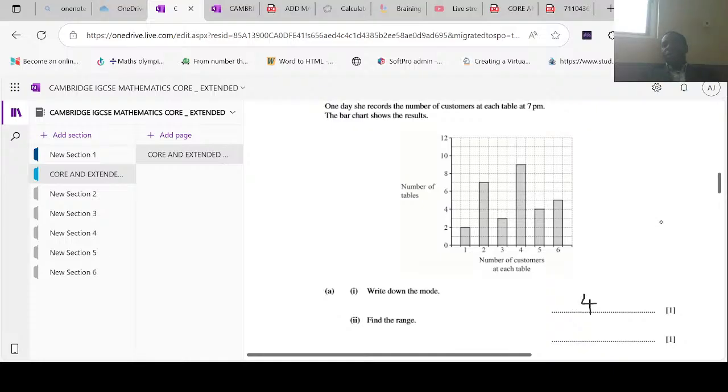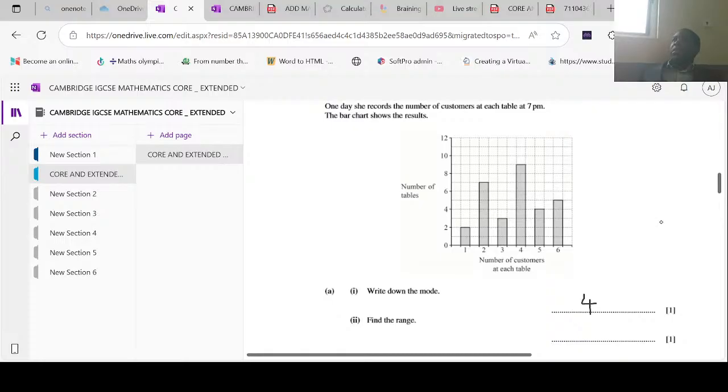That's why I said this question is a bit tricky, so you don't fall into the trap. We can write the number of customers at each table as the mode, because the other one is just representing the height of each bar. For example, when you have 4 customers, the height is, I think, 9, isn't it? So we can't say the mode is 9. The mode refers to whatever has the highest amount.